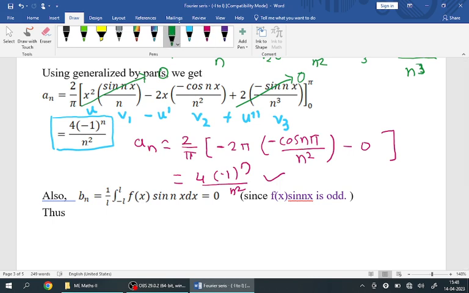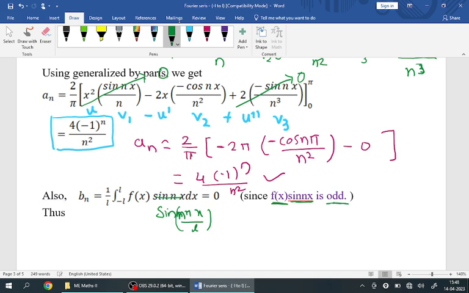We have to do it for sin n pi x upon l. So that is there. But here there is no need of integration by parts. Now we should use smart work. Fx is even, sine is odd, multiplication of even into odd is odd there.